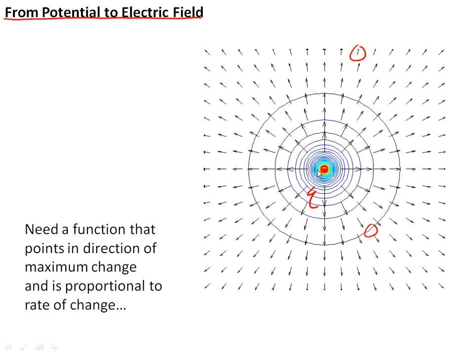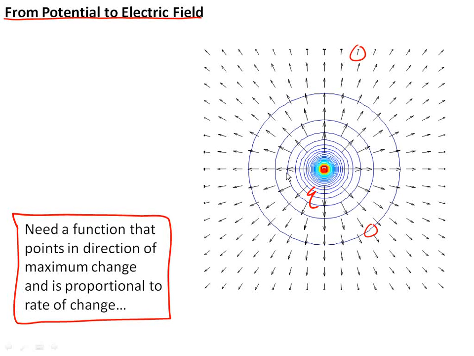And since we used an integral to go from electric field to the potential, it seems sort of logical that we might need some kind of derivative to go from the potential to an electric field. And essentially, looking at this graph, what we need is a function that points in the direction of maximum change, because these electric fields are always pointing in the direction of maximum change, and it's proportional to the rate of change.